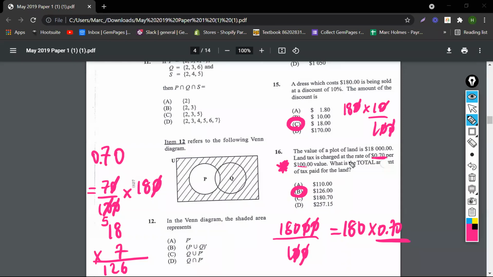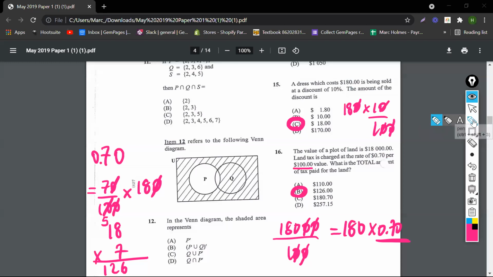Sir, do you think you could explain it just one more time, just quickly, so I can make more notes? Well, it says here the value of a plot of land is $18,000. And land tax is charged at 70 cents per $100 out of the 18,000.